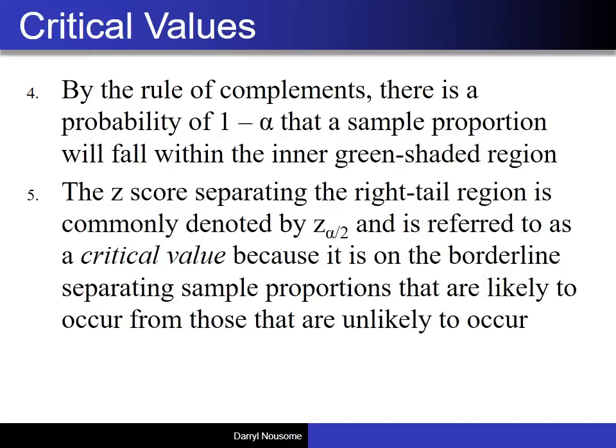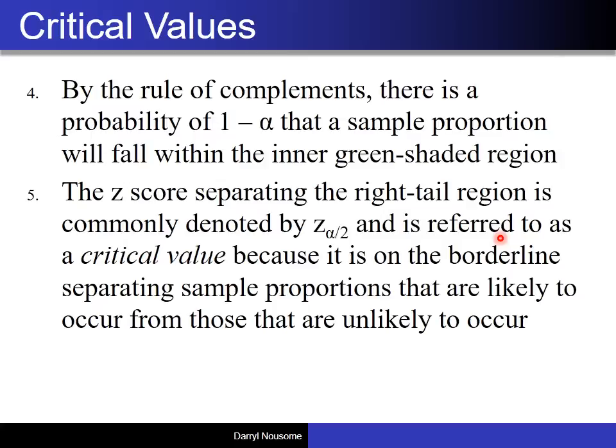So let's continue our definition of what a critical value is. By the rule of complements, there's a probability of 1 minus alpha that a sample proportion will fall within the inner green shaded region. Remember, we usually set alpha to be 5%, right? So that means 1 minus alpha would be 95%. So 95% of the time, the sample proportion will fall within the region we've set, in that green area.